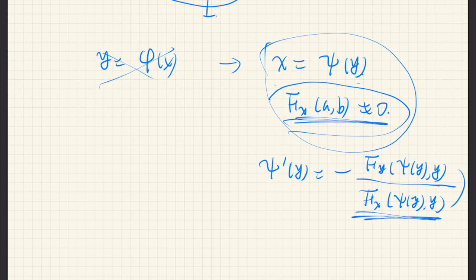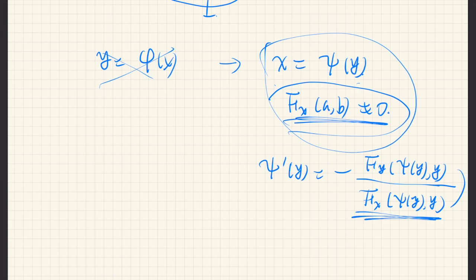So as long as one of the partial derivatives is non-zero, then we can find implicit functions, either a function of y or a function of x.